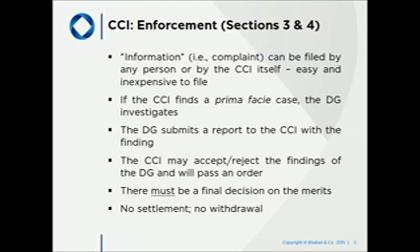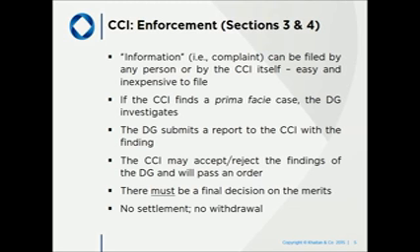After the conclusion of the DG's investigation, it will submit a written report to the CCI with its findings and ultimate recommendation as to whether the DG believes there is a breach of Section 3 or Section 4. Now, the CCI does not have to accept the DG's findings. It can accept or reject the investigation report of the DG and the DG's ultimate recommendation, and it will pass its final order.